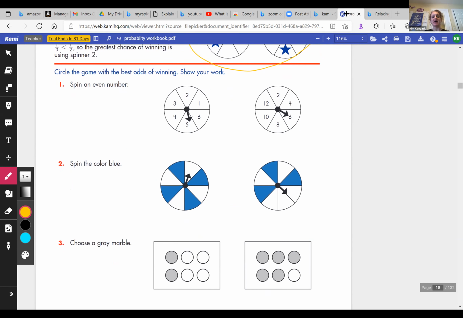When we speak of odds, that's just the chance of the event occurring. So part of this will be your homework, and you'll be able to see if events are equal or if they're not, and then you can compare the fractions.